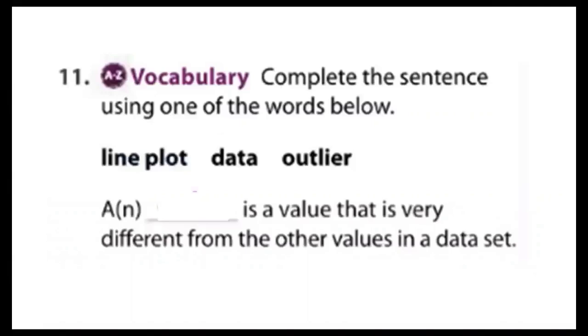Read the question carefully, complete the sentence, use one of the words below: line plot, data, outlier. It means you are going to select one of these 3 words as the answer. A blank is a value that is very different from other values in a data set.